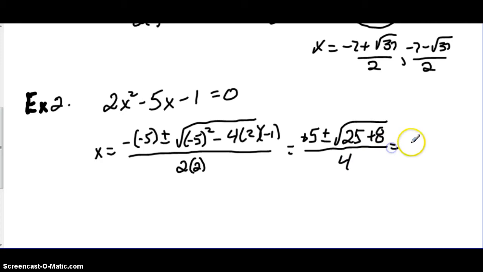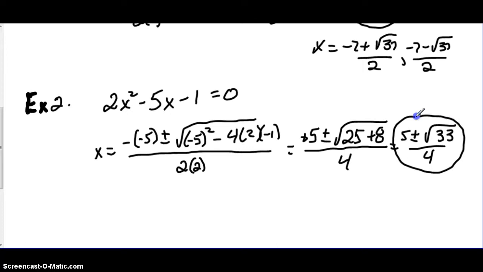Simplify it even further. 5 plus or minus the square root of 33. Since there are no factors of 33 that are perfect squares, this is as simplified as you can get. And remember, this is 2 solutions right here. Especially since our degree here is 2, our degree will always tell us the number of solutions we're going to find.